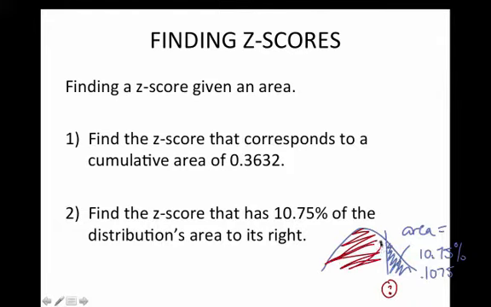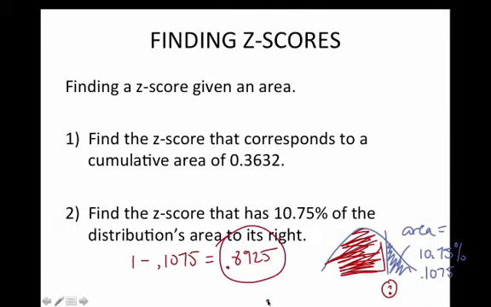I need to tell the calculator this area to the left of the z-score. The area under the curve has a total of 1, and if I subtract 0.1075 from 1, I get the area of this red region. So 1 minus 0.1075 is 0.8925, and that's what I'm going to use to find the z-score.